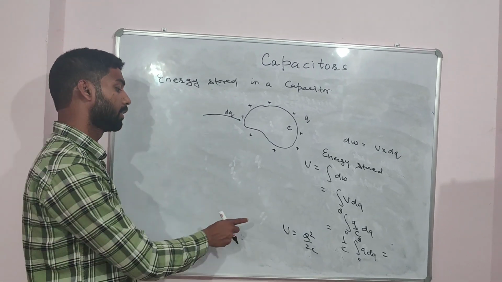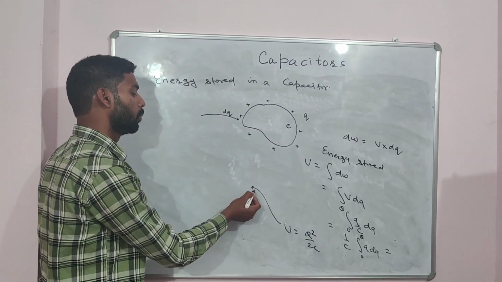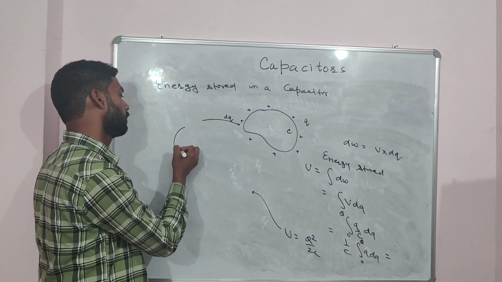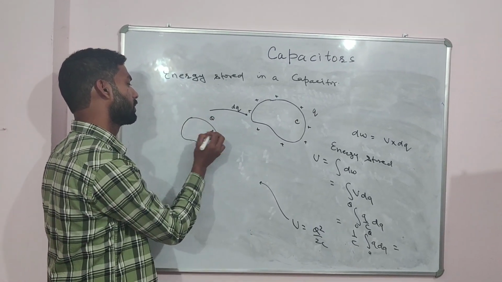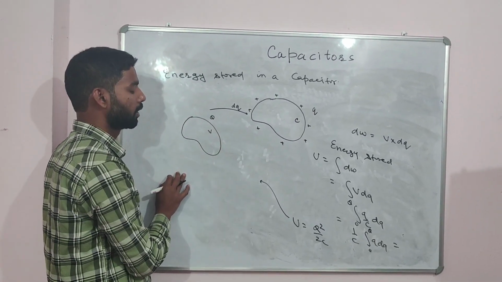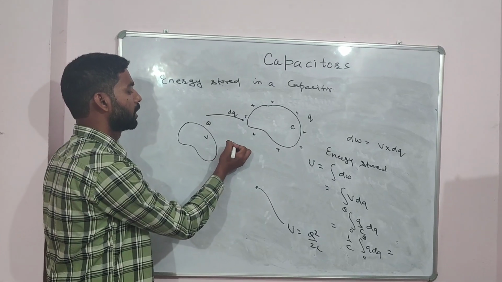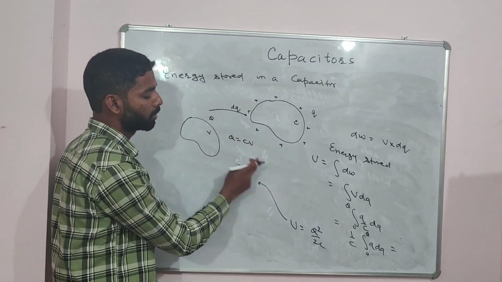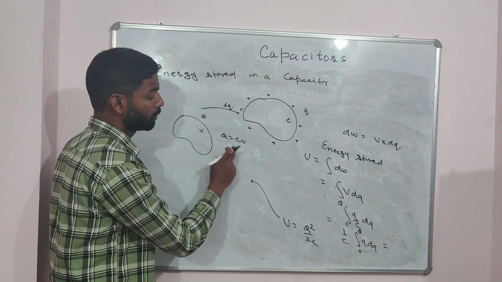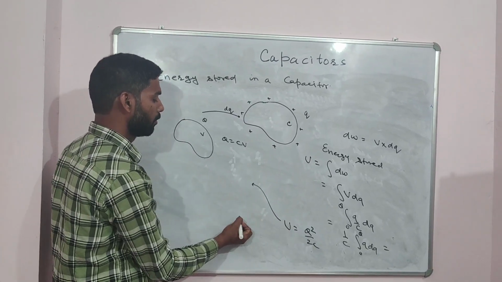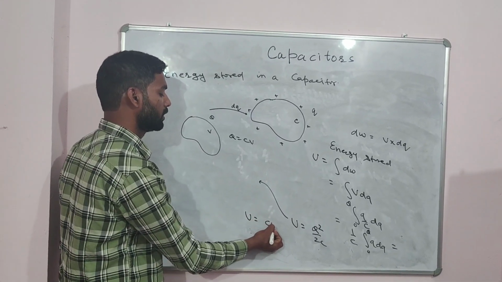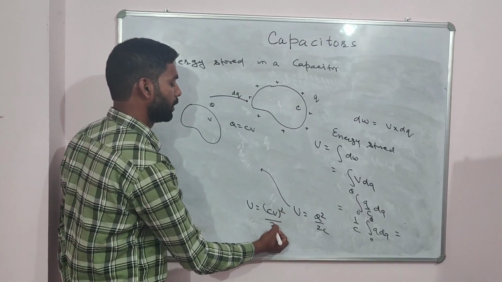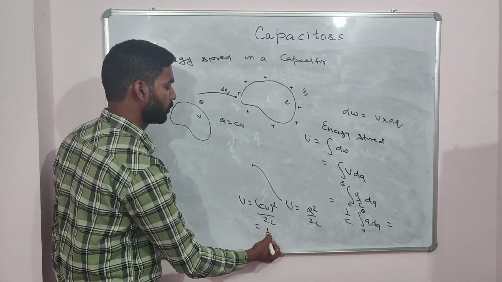We can write this in another form too. Q is the total charge stored by this capacitor and V is the potential, and we have Q equal to CV. If we put Q equal to CV in this equation, we will have C squared V squared divided by 2C, that is half of CV square.